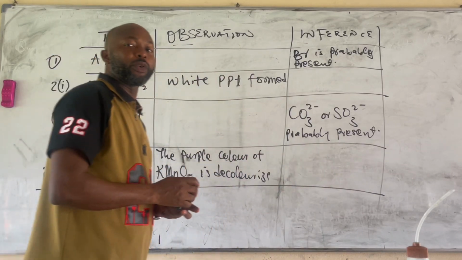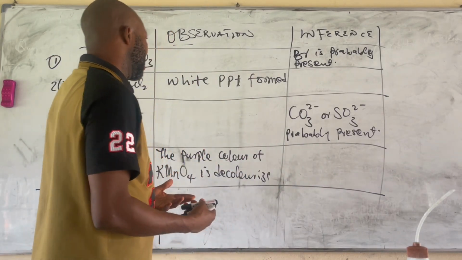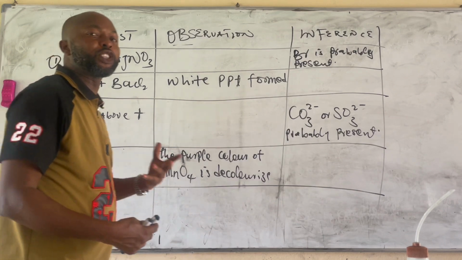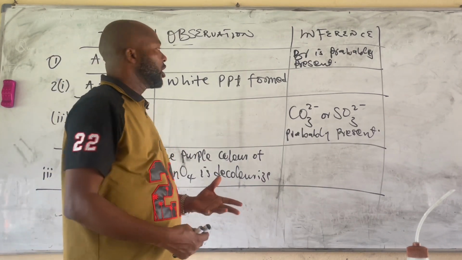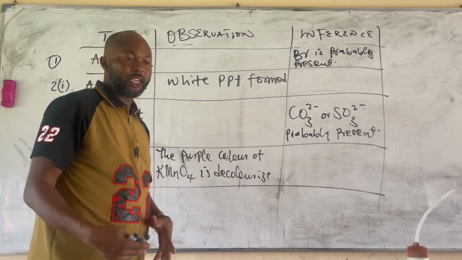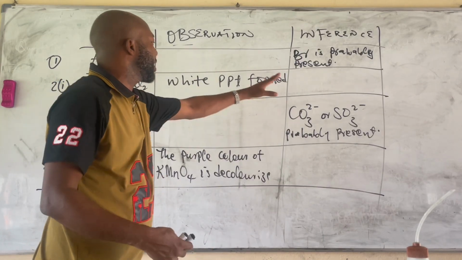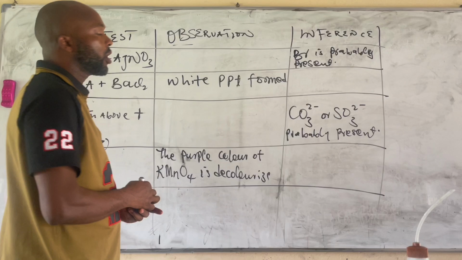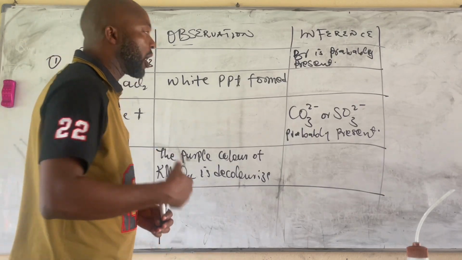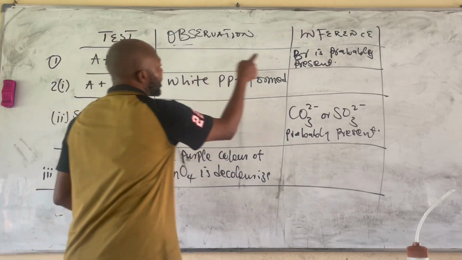So this table is giving us an insight of the manner in which questions can be asked. If you understand what I have said today, you can easily understand the principles, what to fill here, and here. So your assignment now is to fill these spaces.